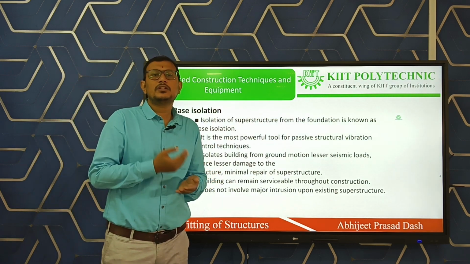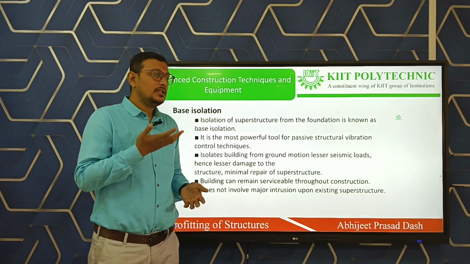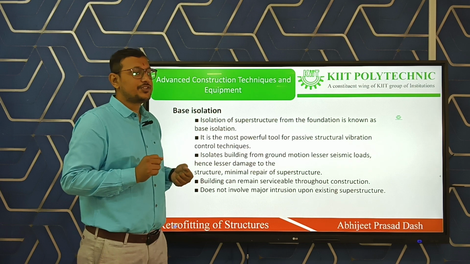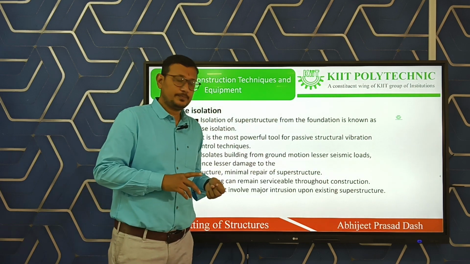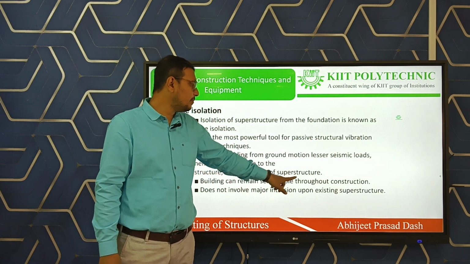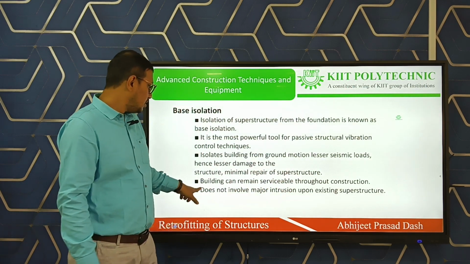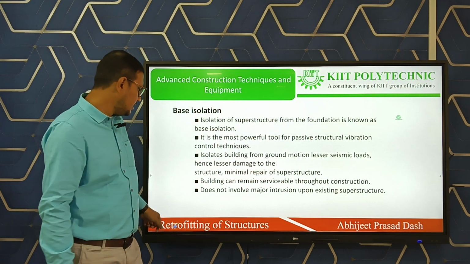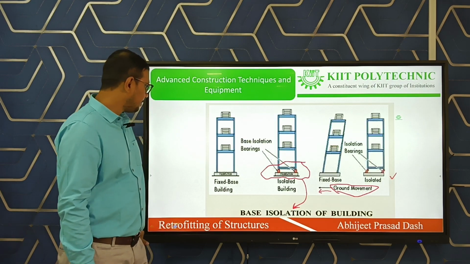Because the superstructure is isolated, the total vibrations will not transfer to the superstructure from the substructure. The building can remain in use throughout the construction, and it does not involve major intrusion upon the existing superstructure.